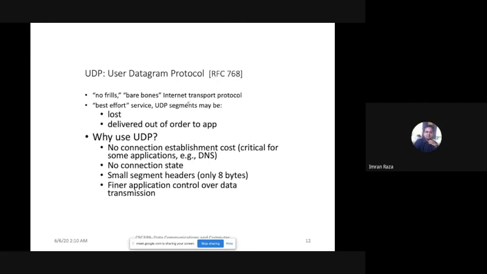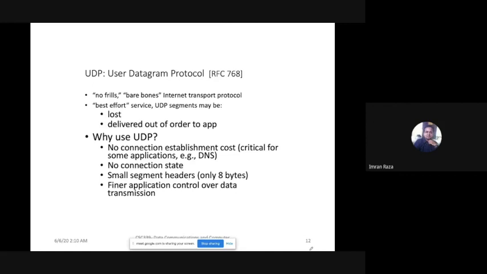We have already covered that UDP is not adding much to the services provided by IP, because IP, the Internet Protocol at the network layer, is connectionless, and UDP is also connectionless. So it only extends host-to-host communication provided by the Internet Protocol at the network layer to process communication.